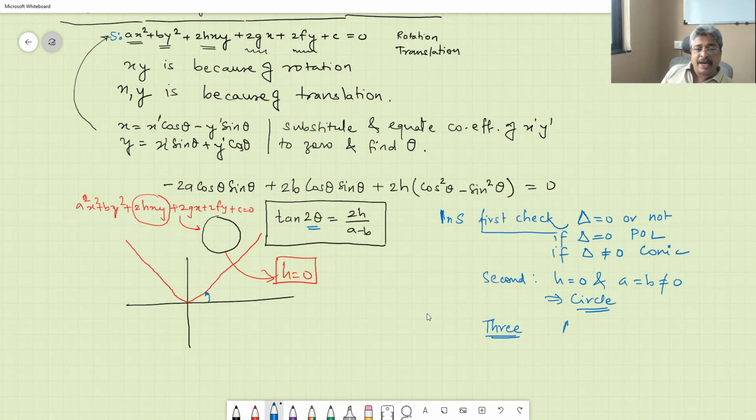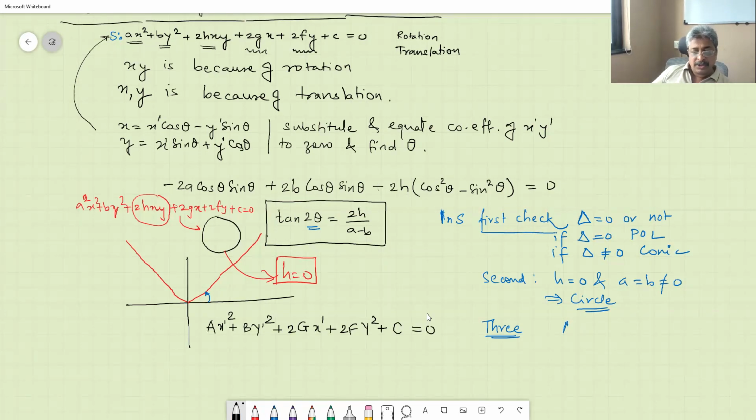After you do that, because this expression is 0 and that is how you have calculated theta, the xy term will be absent, and hence your new equation will look like capital A x dash square plus capital B y dash square, the xy term is absent, therefore plus 2 capital G x dash plus 2 capital F y dash plus capital C is equal to 0.